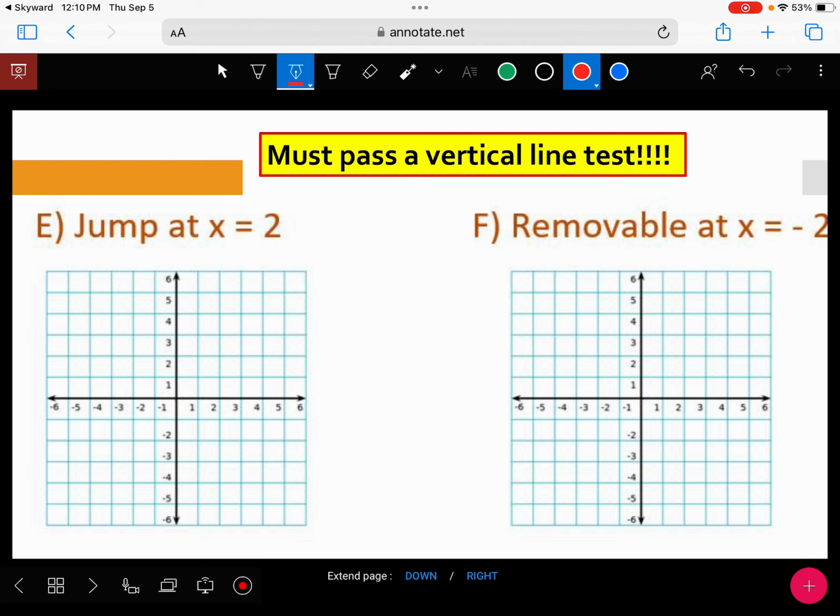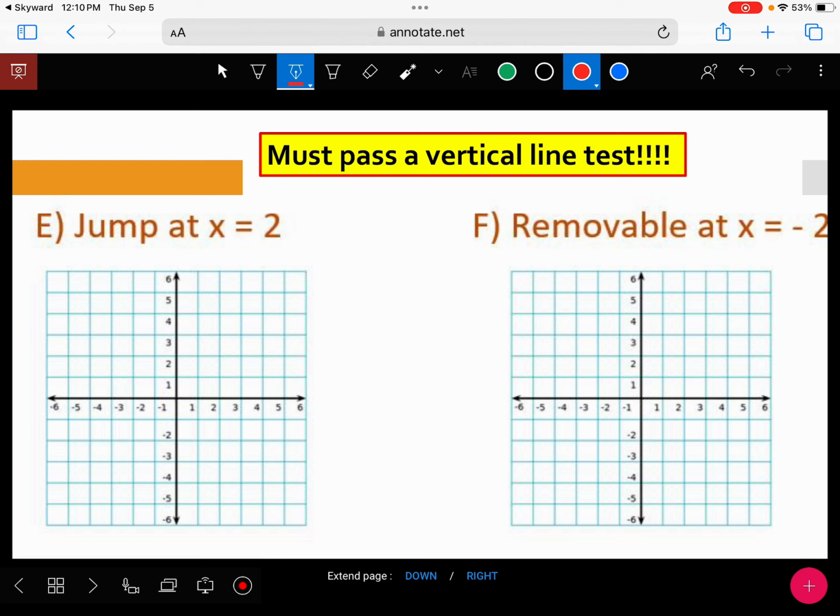Looks good. That's right. They're going in the same direction. That's not gonna work. That fails vertical line test. That looks good. Can everybody hold them up so I can see it? Good. I'm missing half.